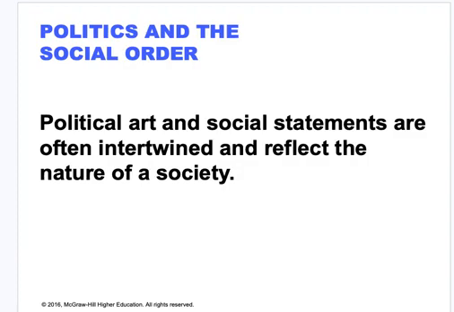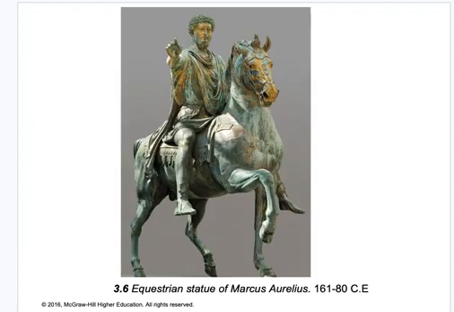So those are kind of modern ideas to think about it, but here are some more historical ones. This is the equestrian statue of Marcus Aurelius. There is no artist labeled for this particular one, and the reason being, this is a Roman statue.